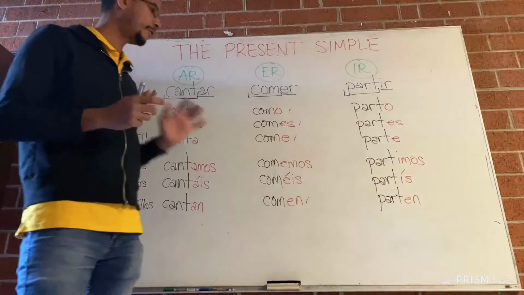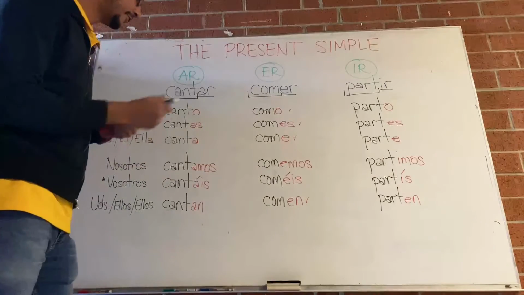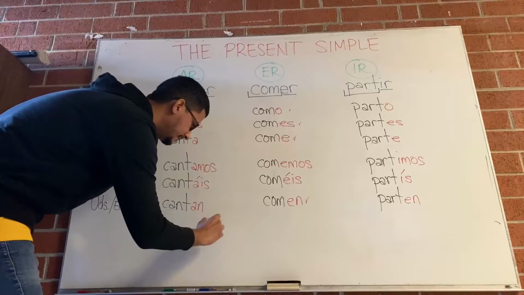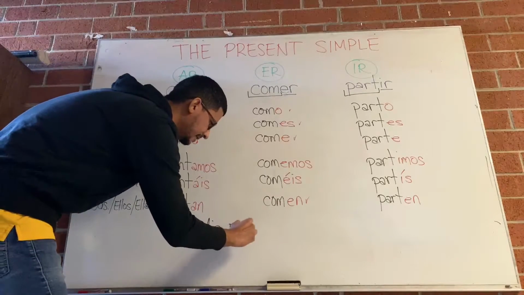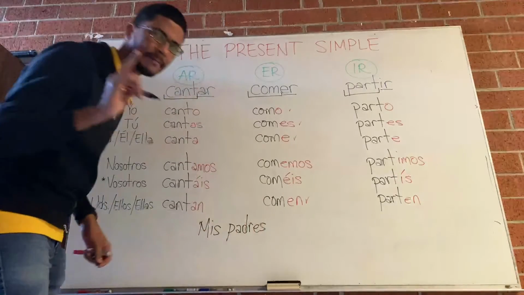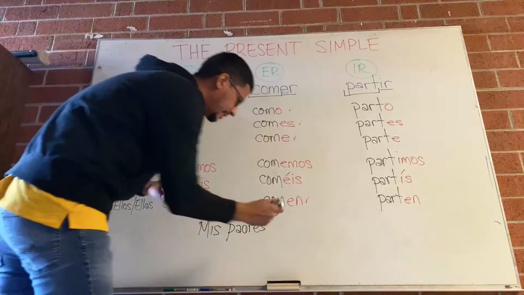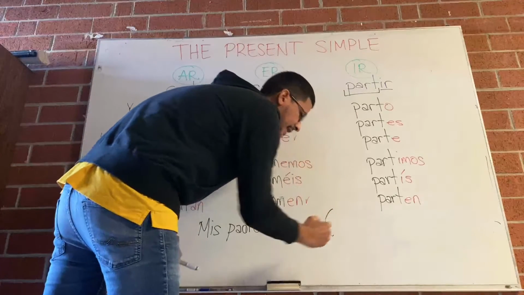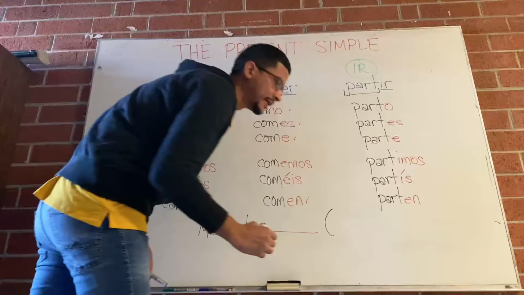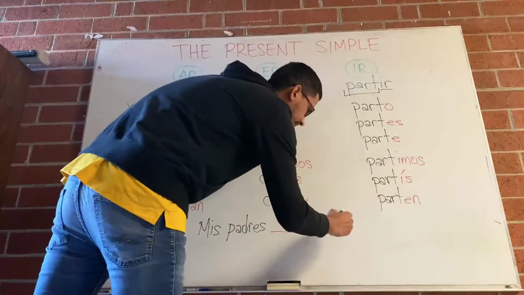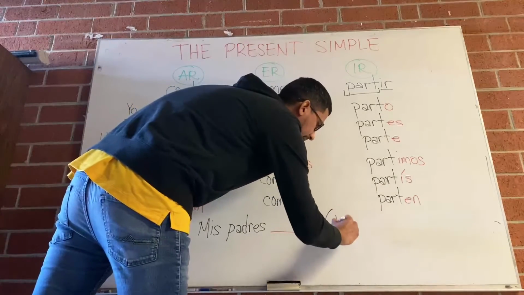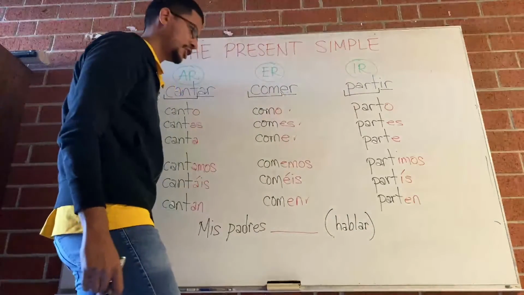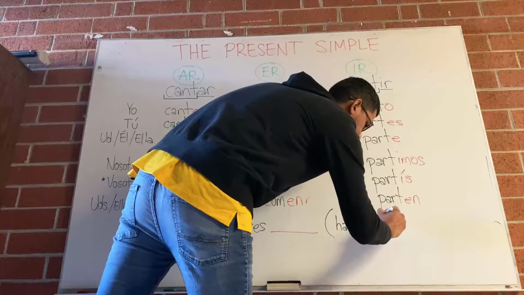So, for example, if you have a sentence like mis padres, right? That means my parents, and then you have a blank, and you have a verb in parentheses like, let's say, hablar, and then you have español.